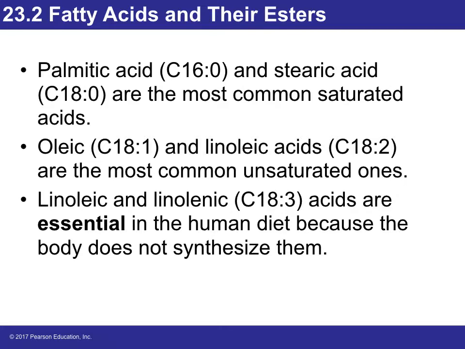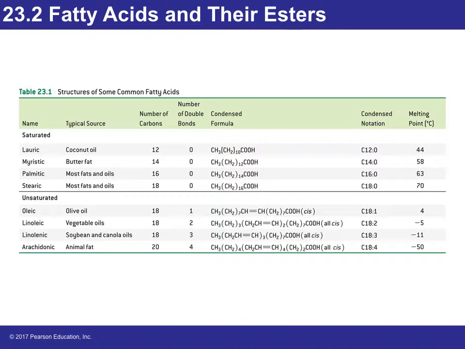That means that for the first one, oleic, you have one double bond, and for linoleic acid, you have two double bonds. So take a closer look at that table, and the typical sources where you find them: coconut oil, butter fat, all of those. Common name and then number of carbons, the condensed formula, and then the condensed notation, C12:0. So you have 12 carbon atoms and no double bond.